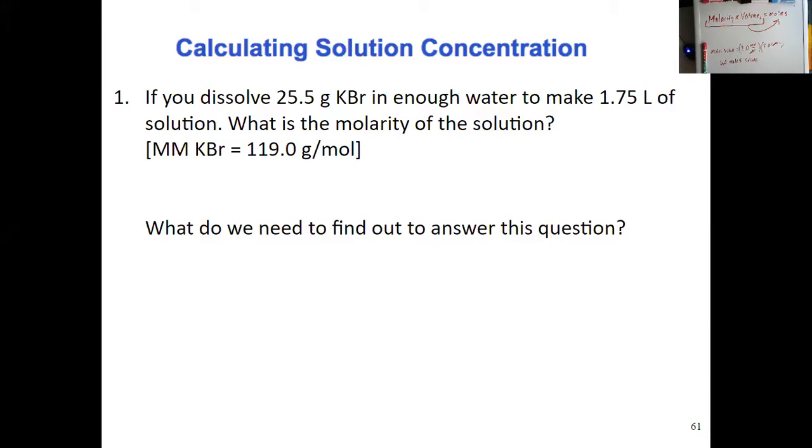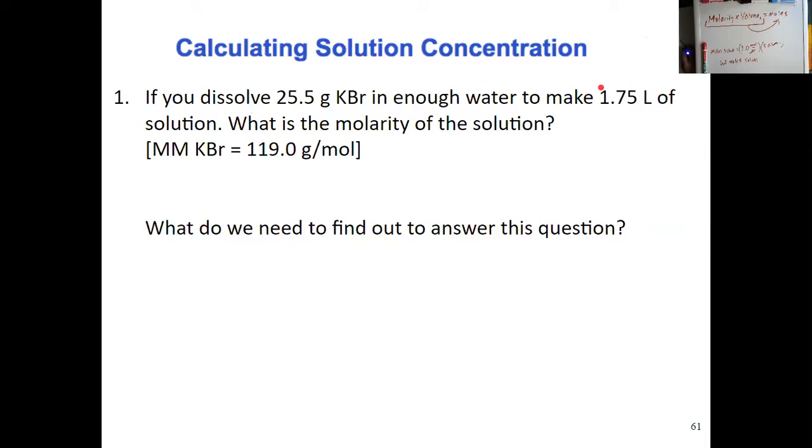So you have to ask yourself, what do I need to know to answer this question? The definition of molarity is moles divided by liters of solution. You are given 2 pieces of information here: the grams of KBr, and the volume of the solution.